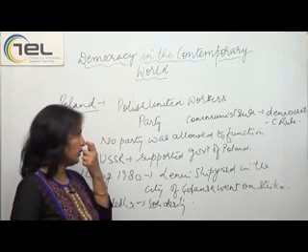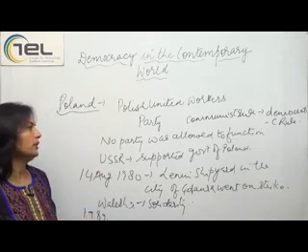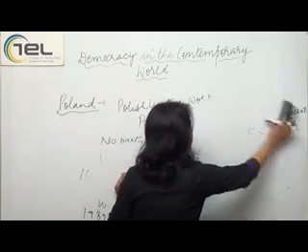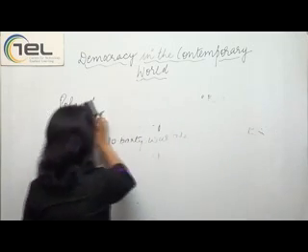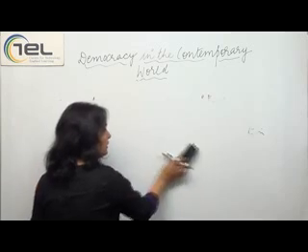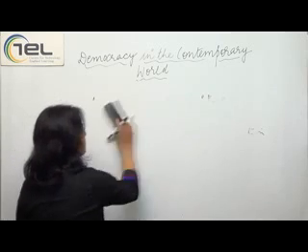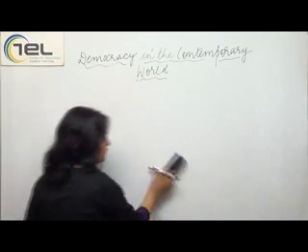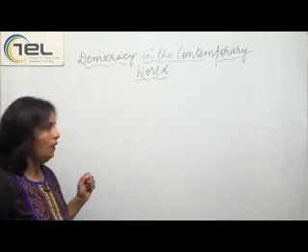So right now we can conclude that democracy is a form of government that allows people to choose their rulers, where people have got the right to choose their rulers.